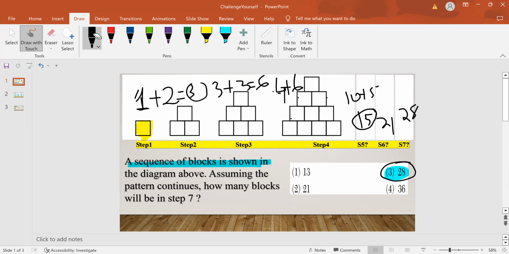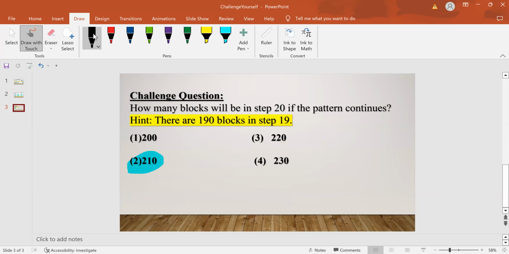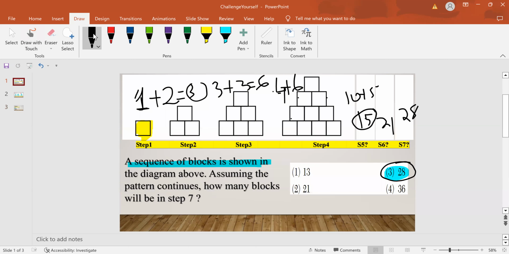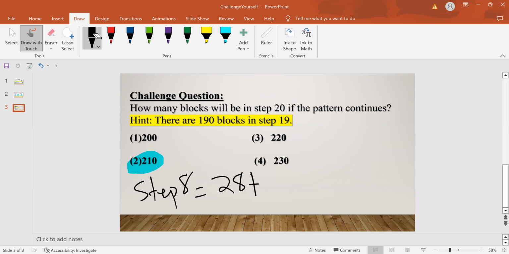For step 8, even though we don't have it here, I can write it. What you're going to do is take the total from step 7, which is 28, and add 8 to that 28. That gives you 36.